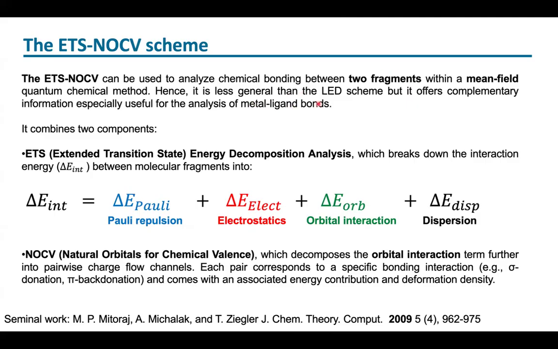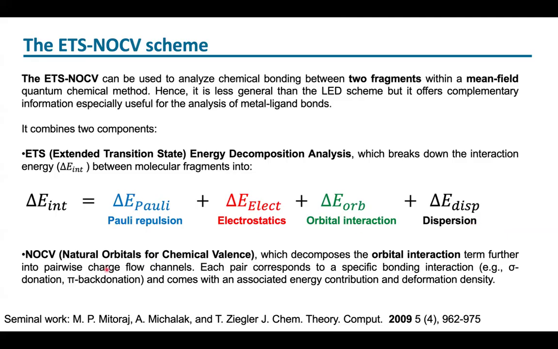This method consists of two components. First, the ETS part decomposes the interaction energy between two fragments into Pauli repulsion, electrostatics, orbital relaxation, and dispersion contributions. Then the dispersion term in the ORCA implementation can, of course, be further analyzed using ADLD, as discussed before, into atomic contributions.